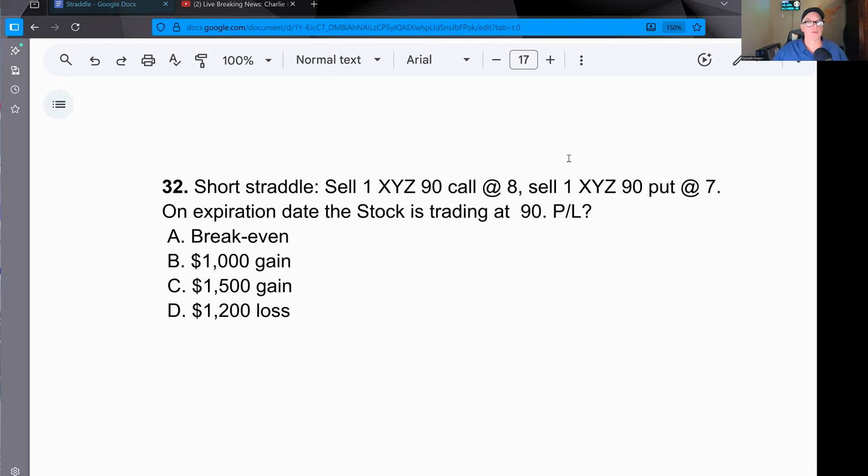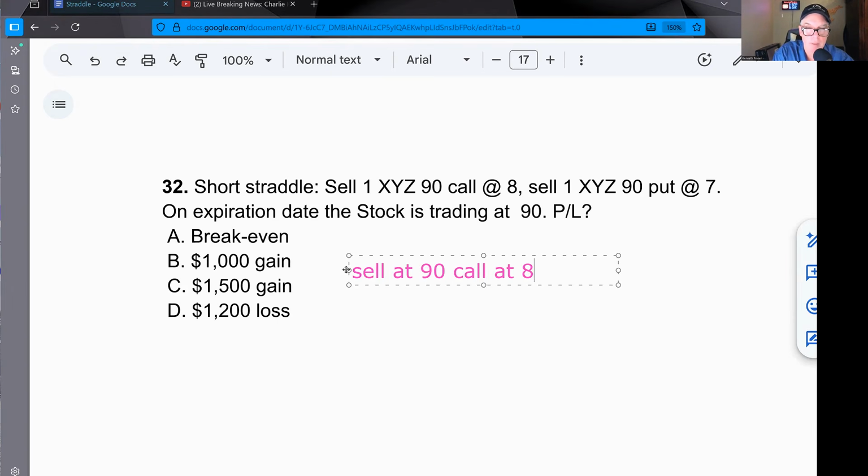Now I'm going to do 3 or 4 of these, and then you'll do the rest, and I'll just tell you the answer. And you're left to tell me if you got it right or wrong. So a short straddle: sell a 90 call at 8, sell a 90 put at 7.